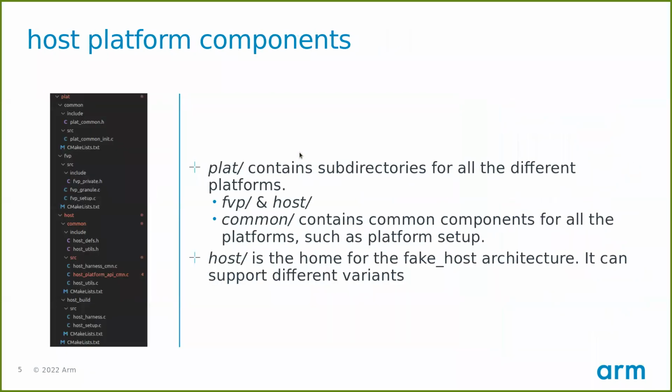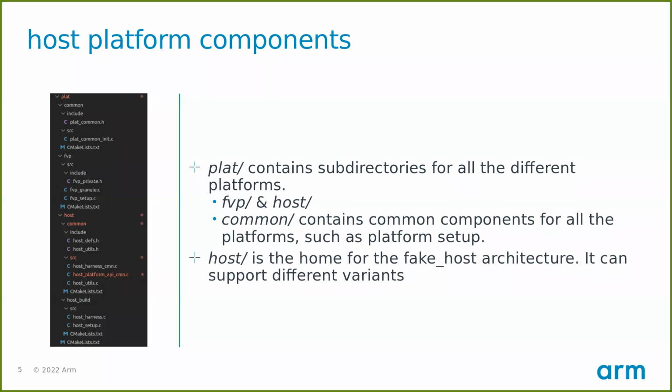Moving forward, the components for this fake host platform. This fake host platform is actually a platform layer. All the platforms supported by RMM are inside a plat directory. You can see the structure on the left side of this slide.